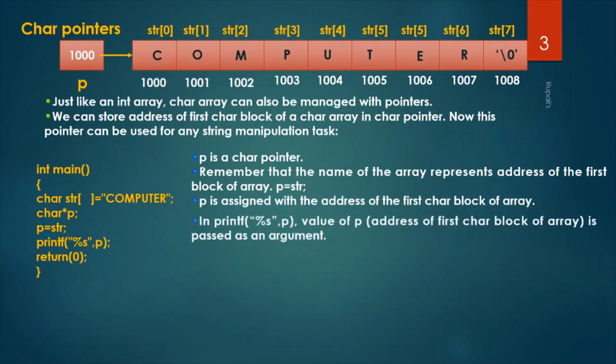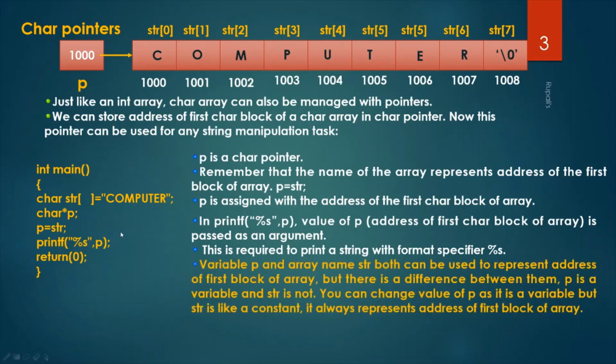So in printf("%s", P), the value of P is 1000. The address of the first character block of the array is passed as an argument. This is required to print a string with the format specifier %s. By using %s, we can print a string.